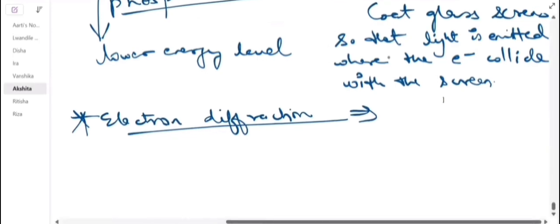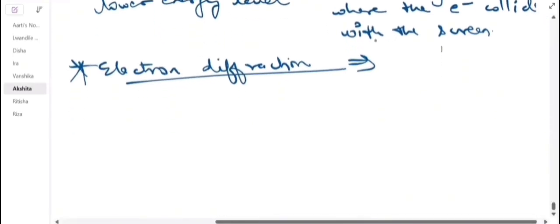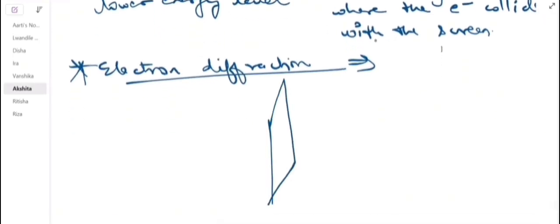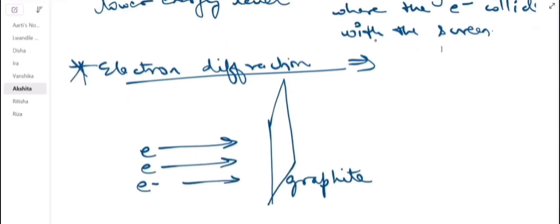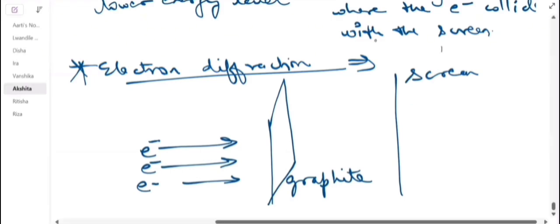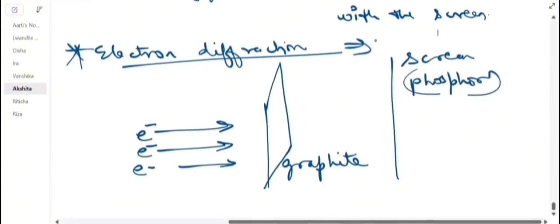So basically, if a beam of electrons is passed through a thin film of graphite, then an interesting spectrum is observed when they are hitting a screen which is phosphor in nature, which is carrying phosphor.